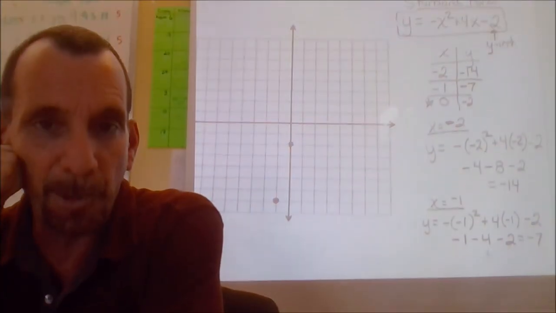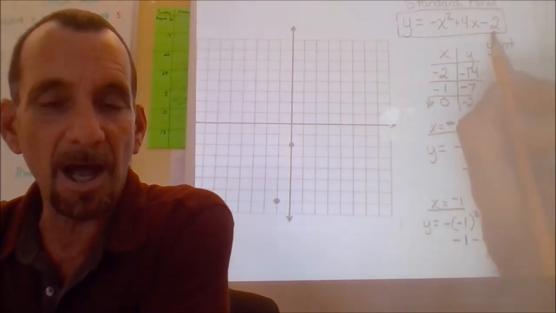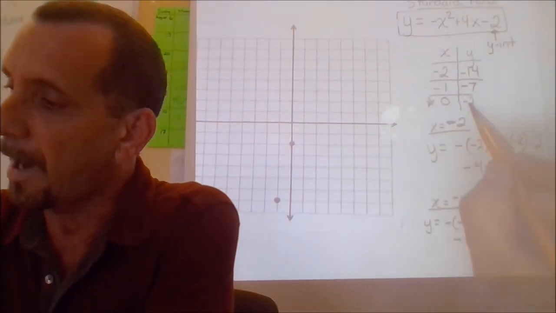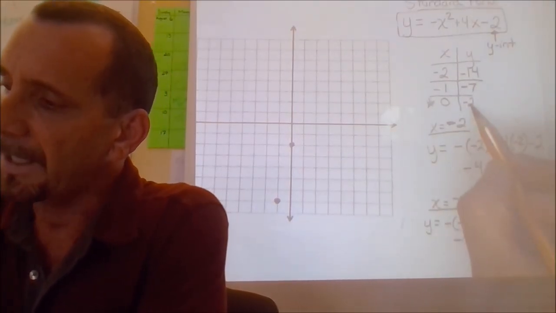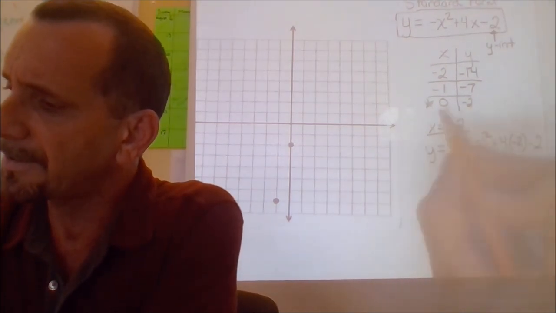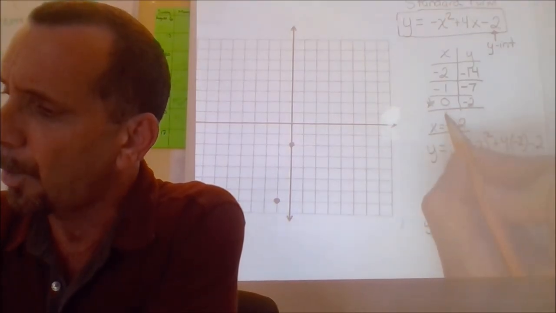That's a very important point because it's an easy one to get. It's the constant at the end of the equation. So y is negative 2. Now let's come on over here and pick one more value. What if x were 1?